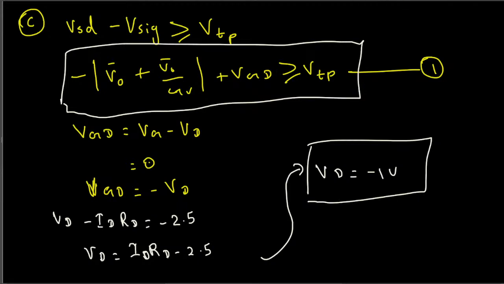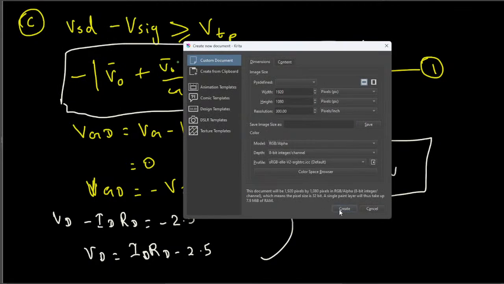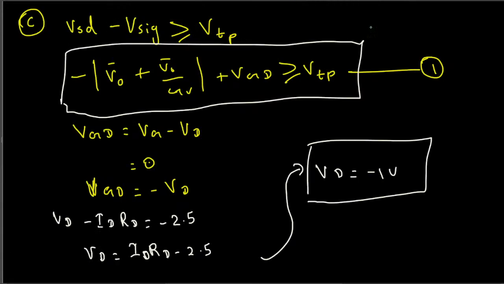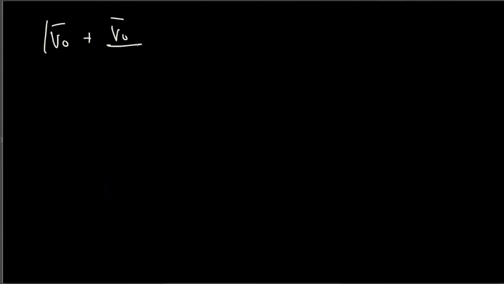Let's rewrite that equation: VO bar plus VO bar over Gv, and Gv we know is minus 10, but it's in absolute value, so we can put 10 here, and then plus 1, should be greater than or equal to minus 0.7.